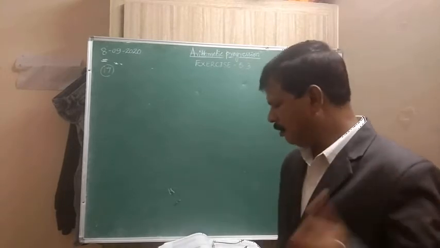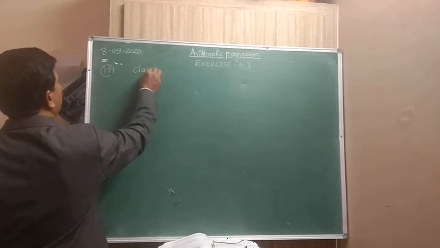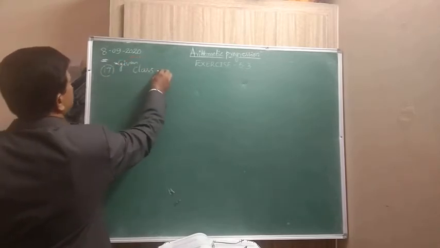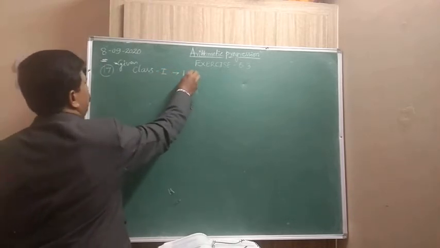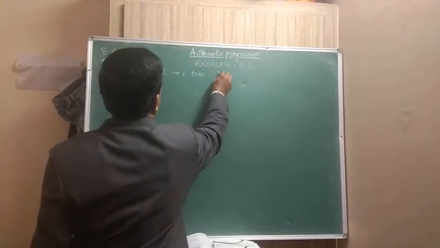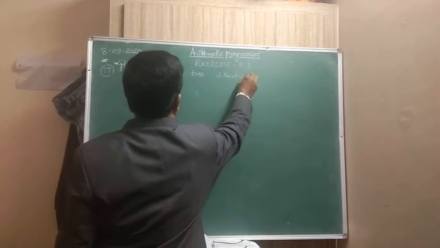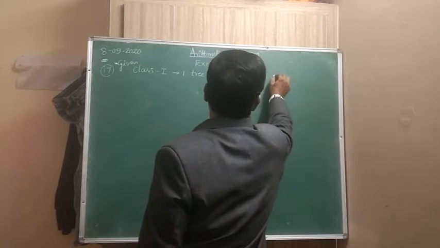Okay, now let us take the first one, class 1 given, class first planting 1 tree. Then 3 sections. So they are planting 3 trees.